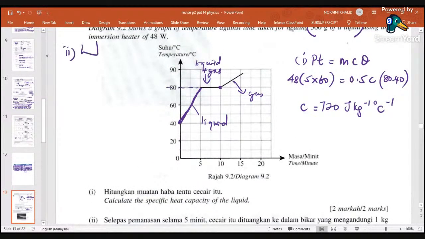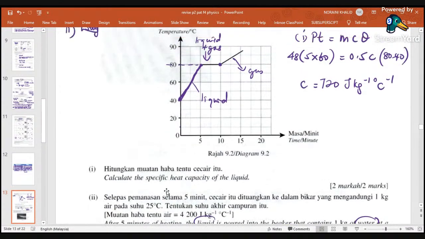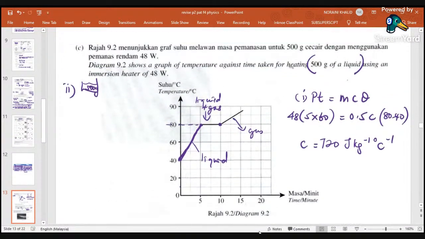Okay, so we have this liquid, 500 gram of liquid. Initial temperature is here. You can look at the given situation after 5 minutes of heating, means the temperature is 80.